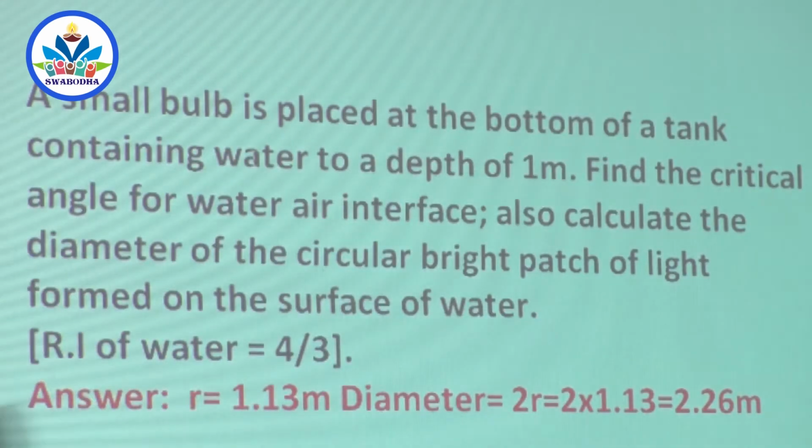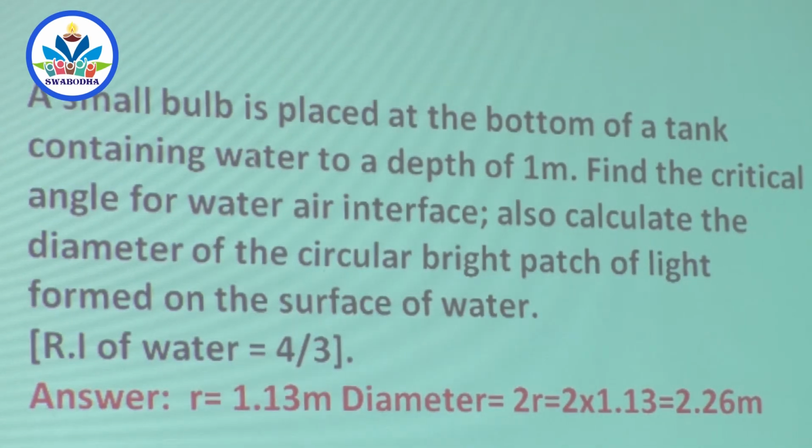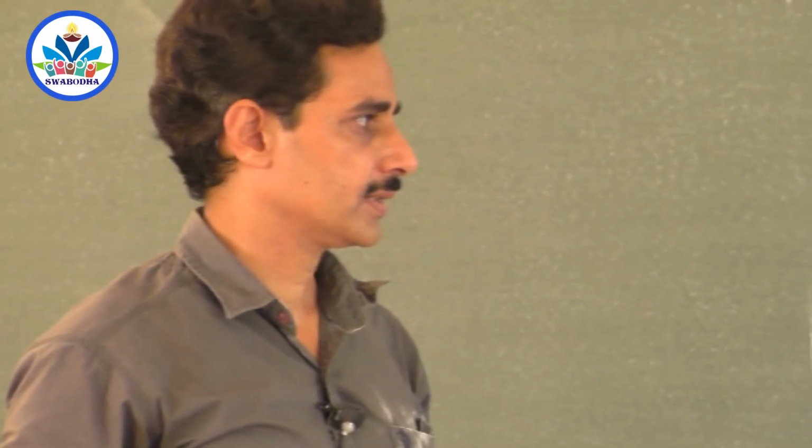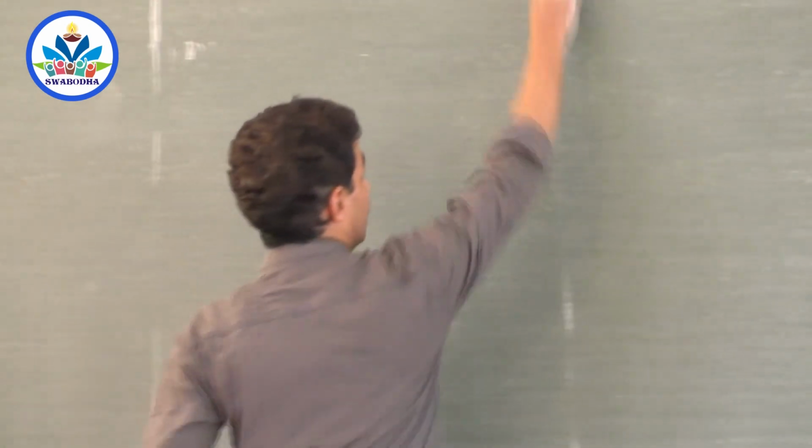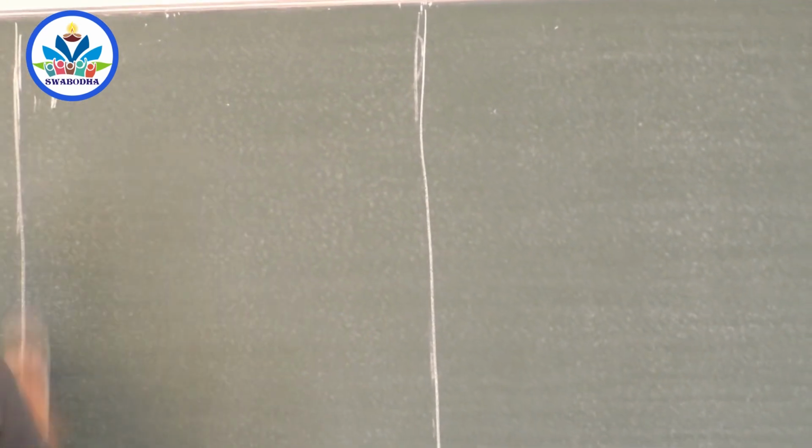So you have a bulb at the bottom of the water, at a depth of 1 meter, and you have to find out the diameter of the circular patch of light. Yes, it will be like this problem. Now you have to imagine it in 3 dimensions. Your animation inside the brain should go in 3 dimensions. Okay, I will explain it. You will get the idea.